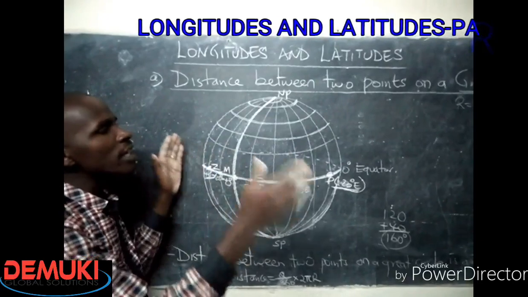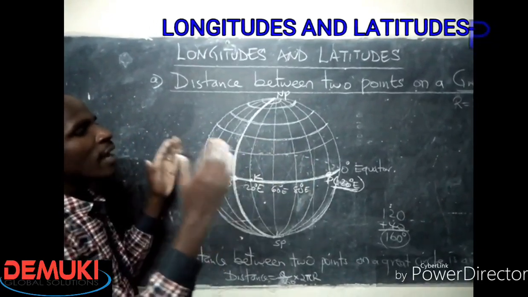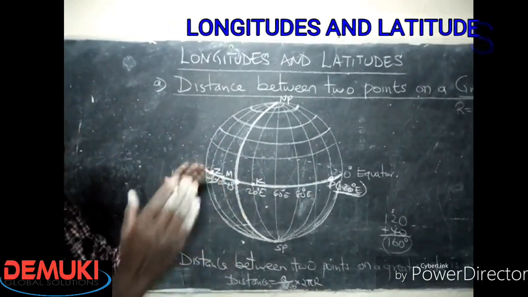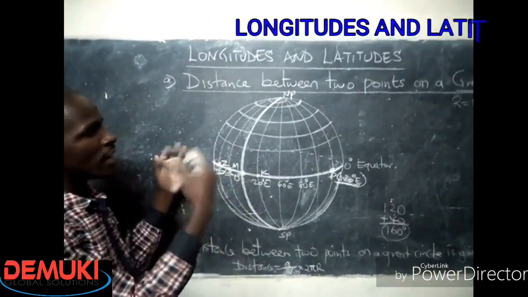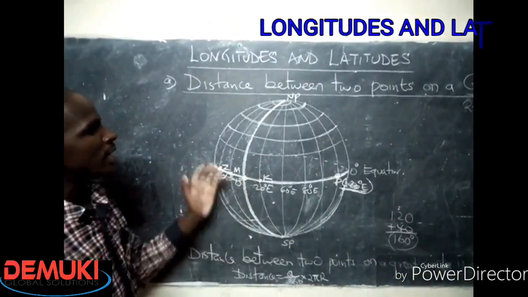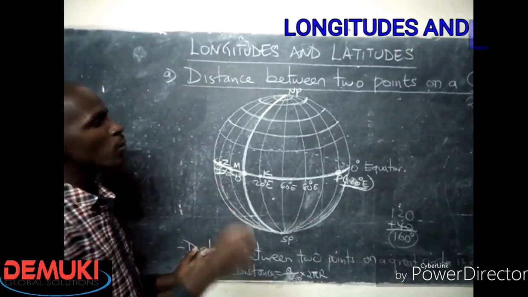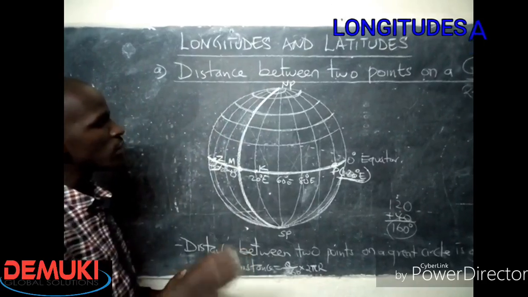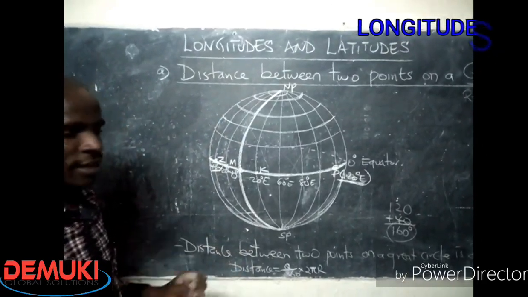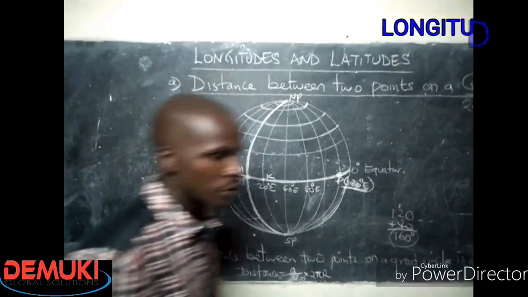So they move on increasing. So their radiuses are not constant. So there is a formula for calculating that, and of course we'll come to that. But in the meanwhile, let's work on examples where we are moving along the longitudes, along the great circles. Let's get to examples.